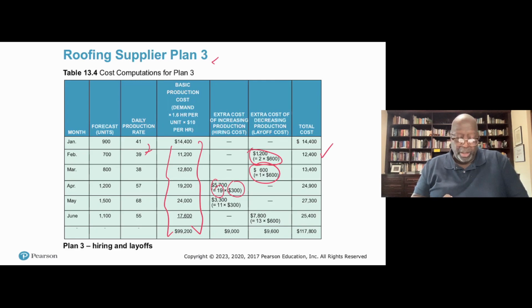And then we do the same thing again. We now increase by 11. 11 times 300. Okay. And we get 3,300. So now, given that, we go back down again by 13, in which case we now have this cost right here of 7,800 for laying off those workers.